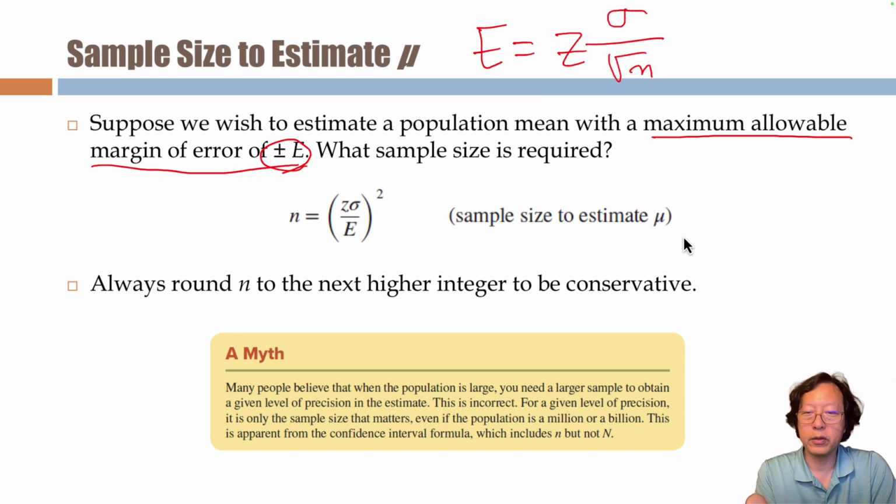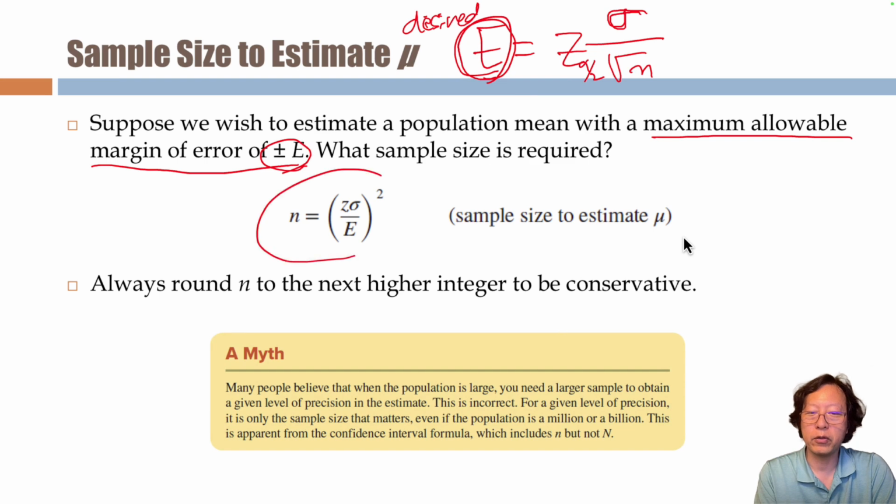Usually we find Z, and we have sigma and we have n, and we calculate E. However, if E is given, if there is a desired E, how can I calculate n?